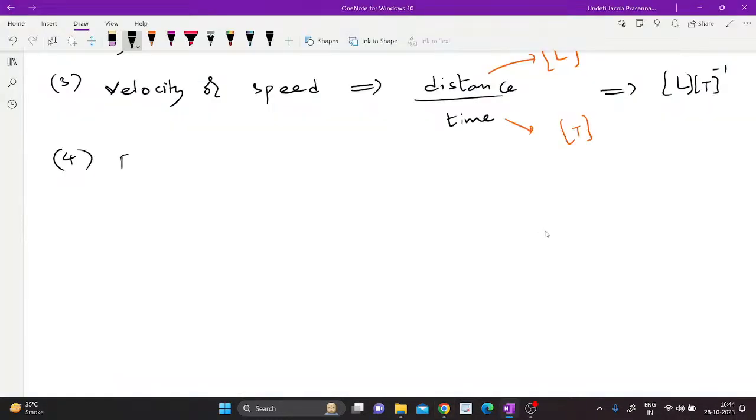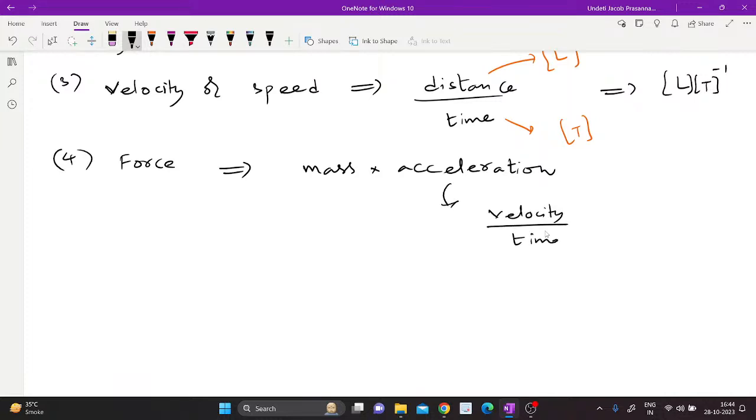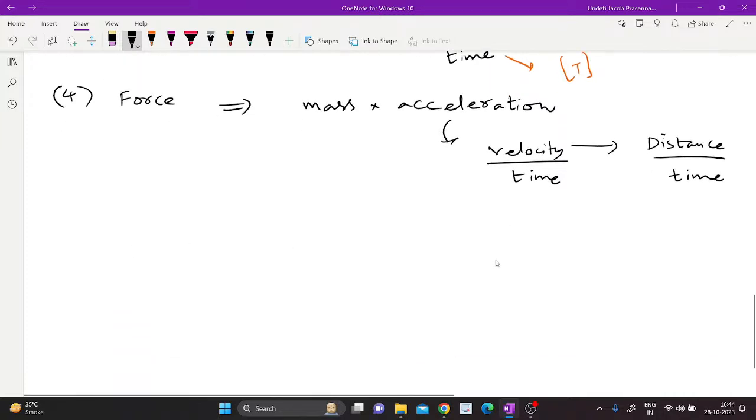Now we take force. The force formula is mass into acceleration, right? And this acceleration is nothing but velocity per time, and this velocity is again distance per time. So this gives mass m.